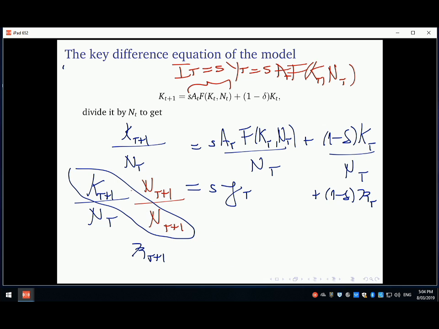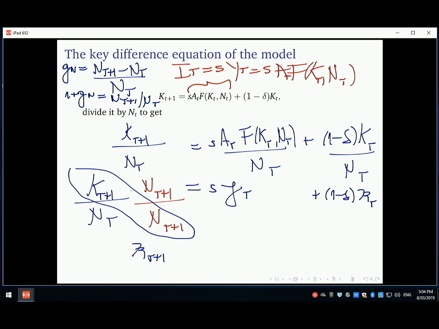Why? The definition of the growth rate of a variable, say the growth rate of n, is nt plus 1 minus nt over nt. That's the definition for growth rate. If you work that out, you have that 1 plus gn is equal to nt plus 1 over nt.